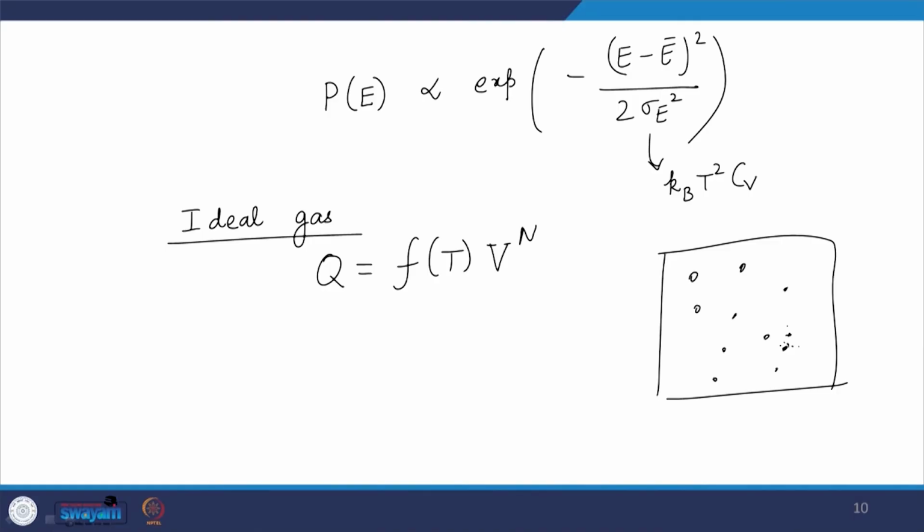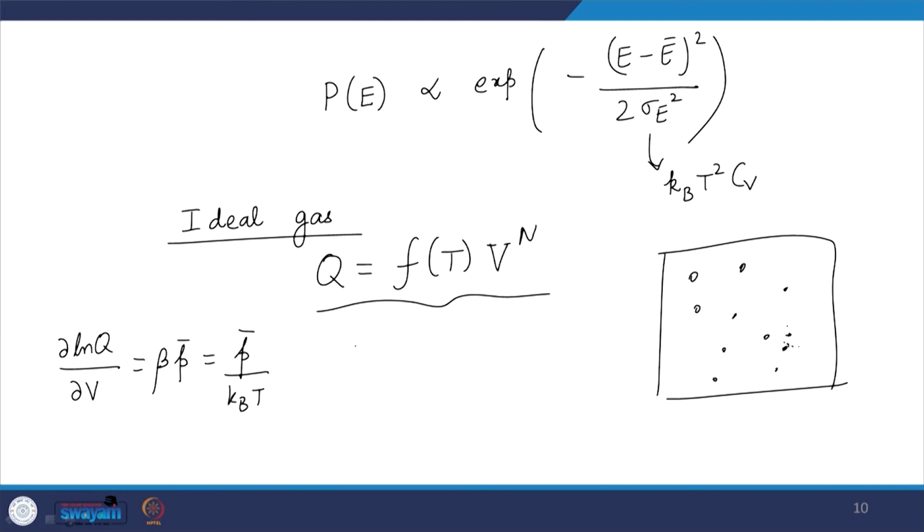So, for this particular case, let us see how it works. Let us say I am interested in the pressure. I know that dou ln Q by dou V is equal to beta P bar for the canonical ensemble, and beta we know is 1 by kBT. So, it is P bar by kBT.